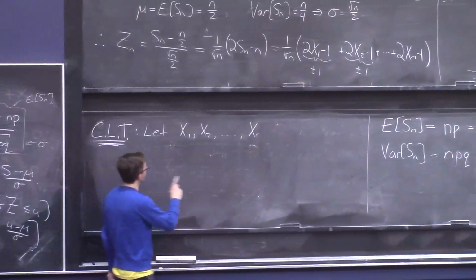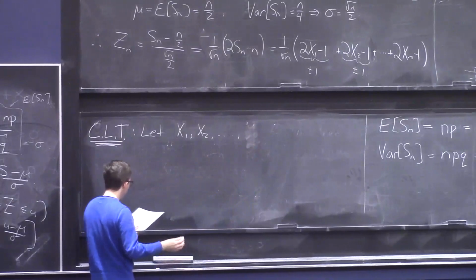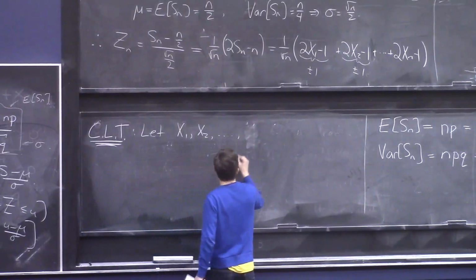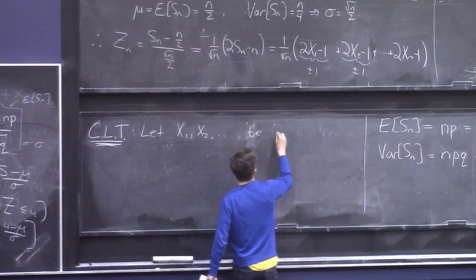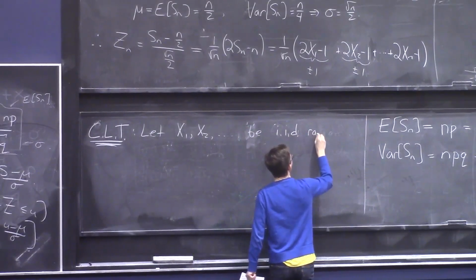Okay, so the Central Limit Theorem concerns a sequence, x1, x2, actually an unending sequence of IID, independent and identically distributed random variables.